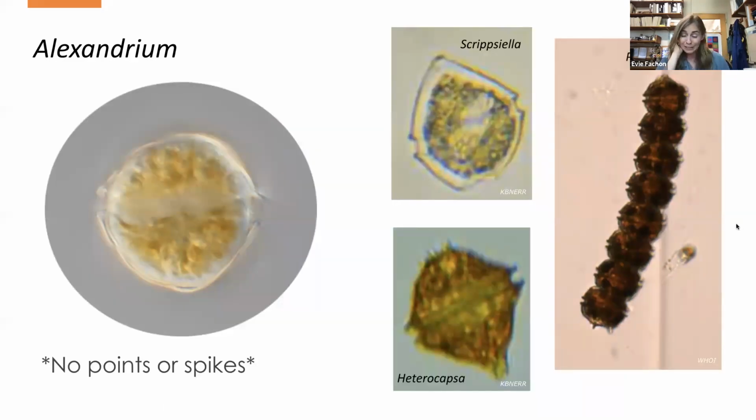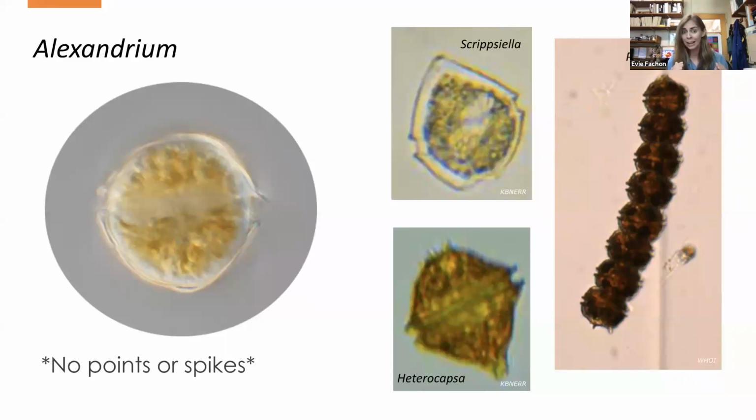There are definitely several other organisms in your field samples that can be really confusing and can look a lot like Alexandrium. I've included a couple of those here. On the left, we have our Alexandrium cell. It's golden, it's round. On the right, we've got a couple of more confounding species. Scrippsiella, the one on the top, has a sort of pointed apex to it.